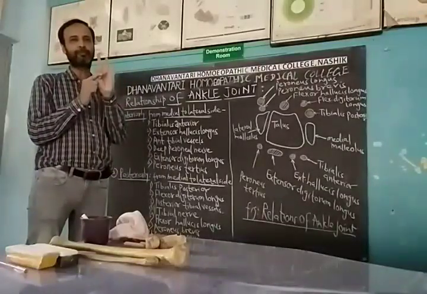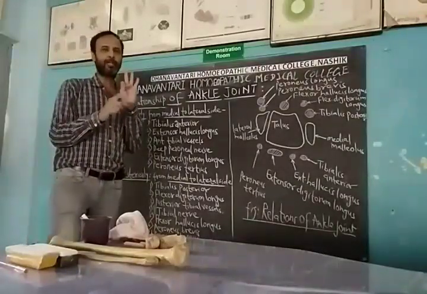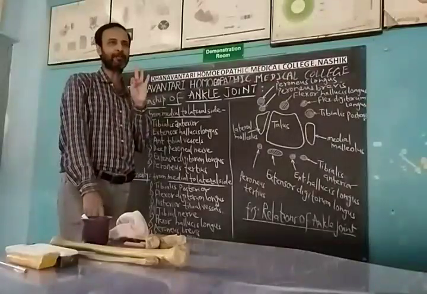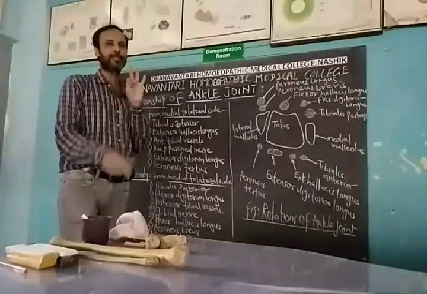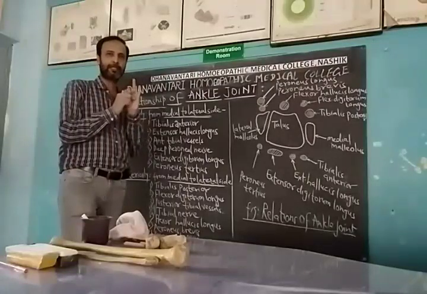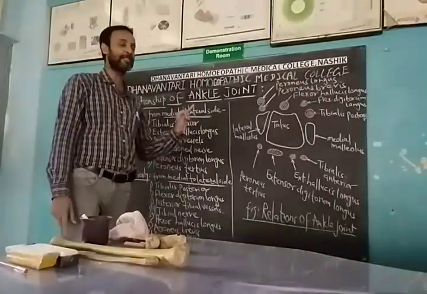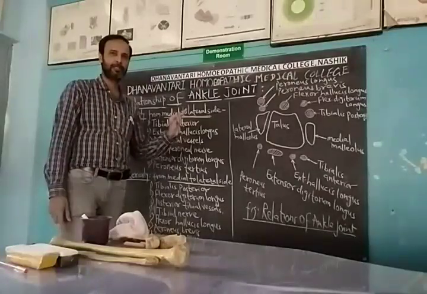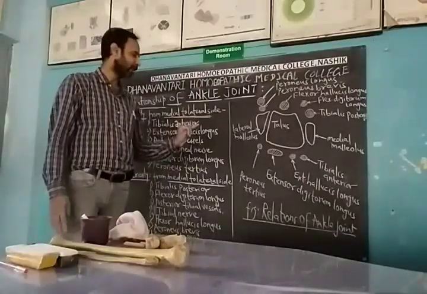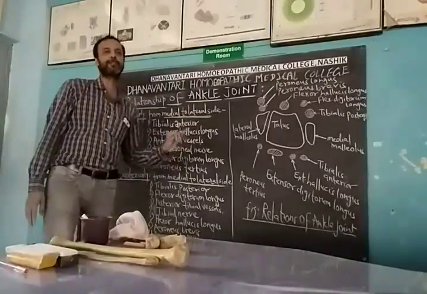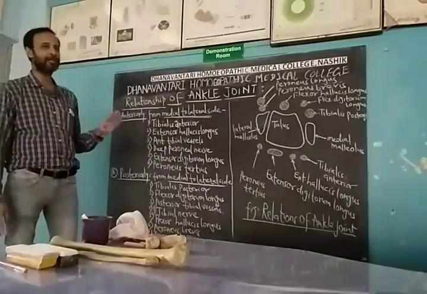Tibialis anterior, and then the tendon supplying the great toe, extensor hallucis longus. Then extensor digitorum longus, the four tendons which go to all the other four toes. Clear? And then the peroneus tertius. So these are the four tendons anteriorly.